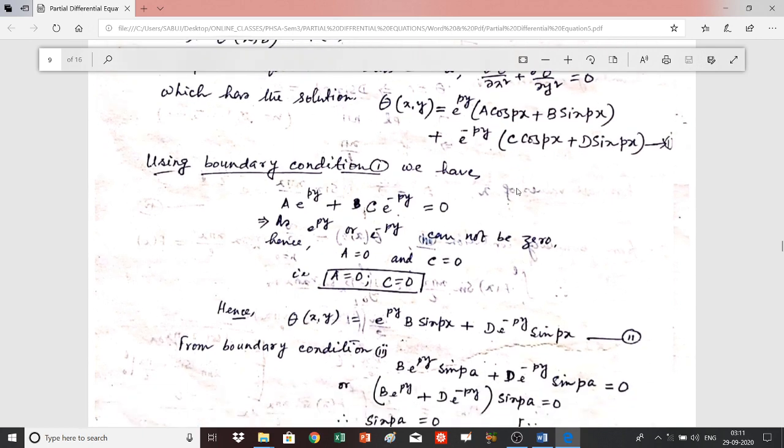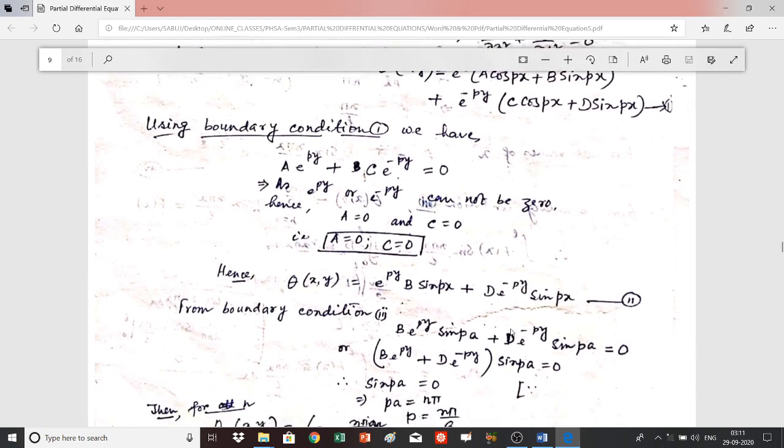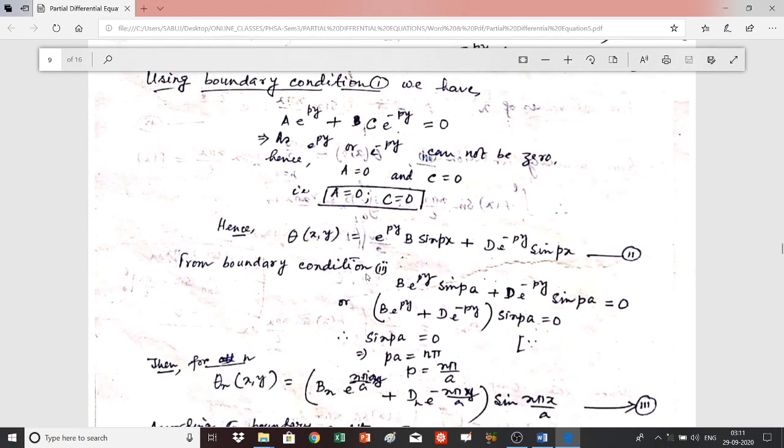So the term involving a and the term involving c will not be there in the solution. The solution now has the form phi xy equal to e to the power py times b sin px plus e to the power minus py times d sin px. Now boundary condition number 2, at x equal to a, theta is equal to 0.